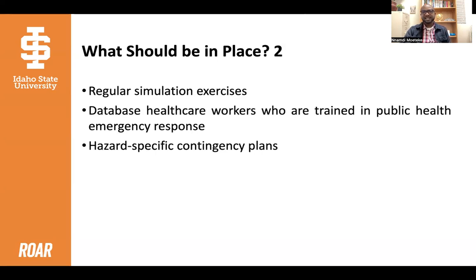So simulation exercises, such as tabletop exercises and drills, should be conducted periodically. And we should also establish a database of trained healthcare workers for such capacity and prepare hazard-specific contingency plans.